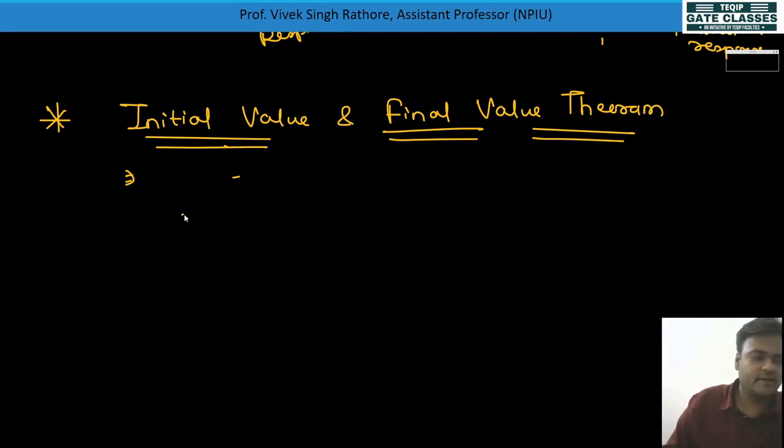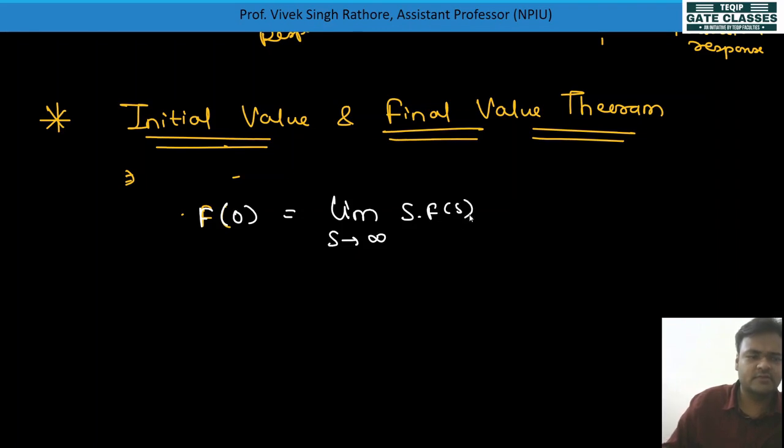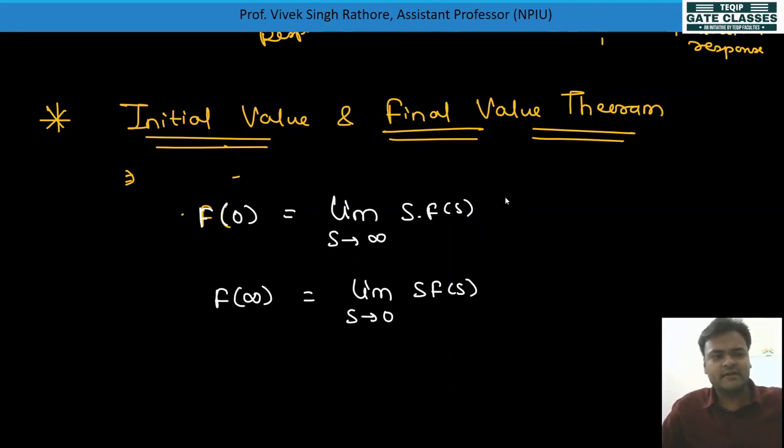In the Laplace transform, if we wanted the initial value, we used to take the limit as s tends to infinity of s F(s). And for the final value, we used to take the limit as s tends to 0 of s F(s). For the initial value theorem to be valid, the numerator degree should be less than the denominator degree.